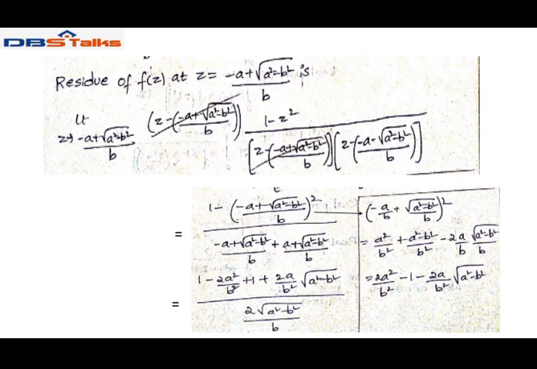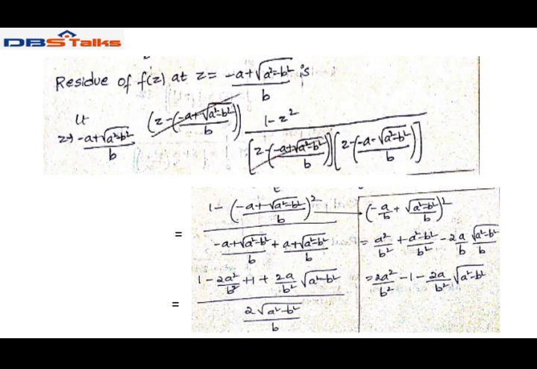We get 1 minus z, z means minus a plus root of a square minus b square by b whole square, by z minus z, that is minus a plus root of a square minus b square by b plus a plus root of a square minus b square by b. After calculation, the numerator value can be changed into 2a square by b square minus 1 minus 2a by b square into root of a square minus b square.